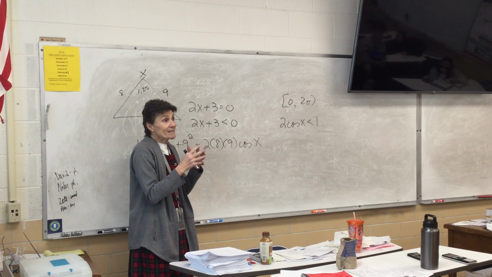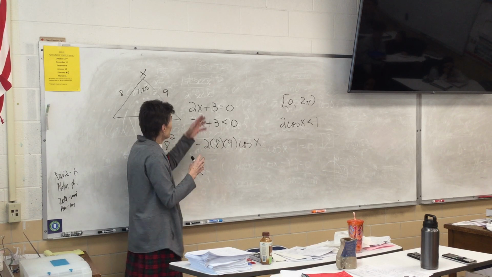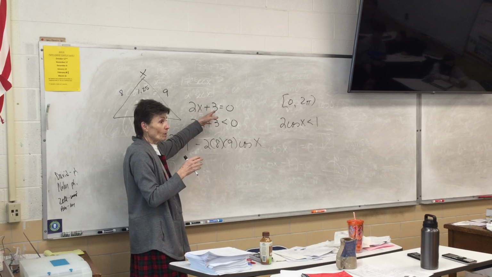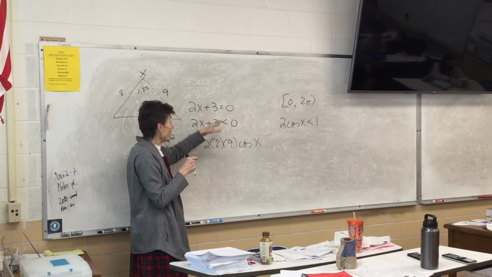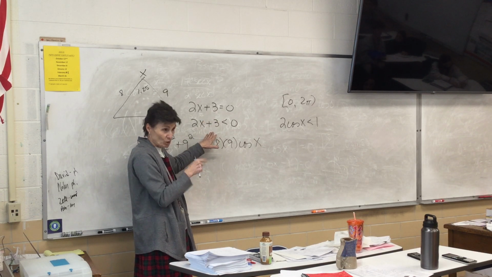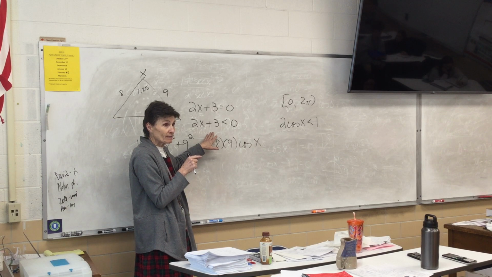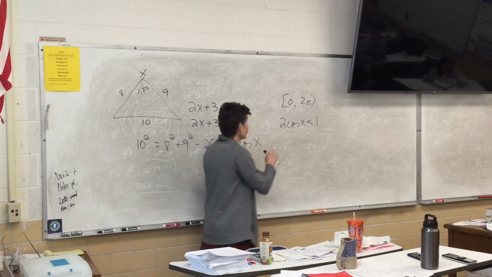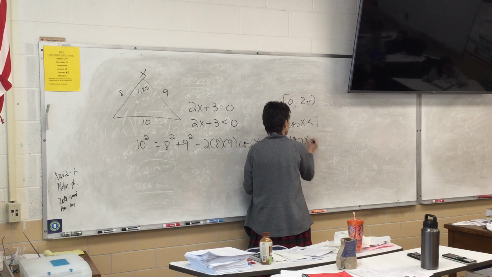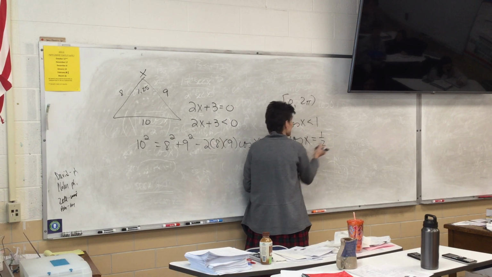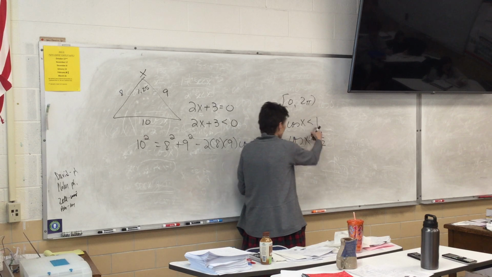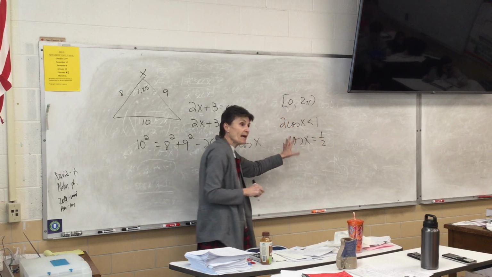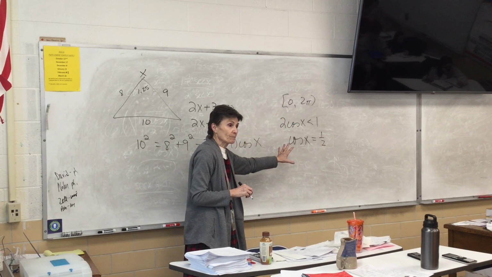No. What was different was that this one was a dot on the number line, and this one you had to do some shading on the number line. That was the difference. So that's all that's going to be different here. You're going to go ahead and solve this as though it were an equals. So I'm going to divide by 2 and pretend this is an equals.